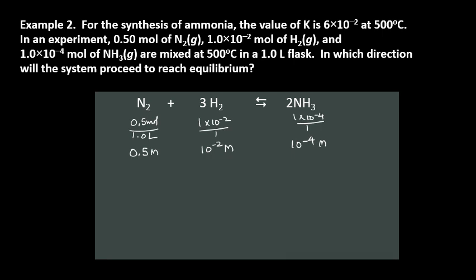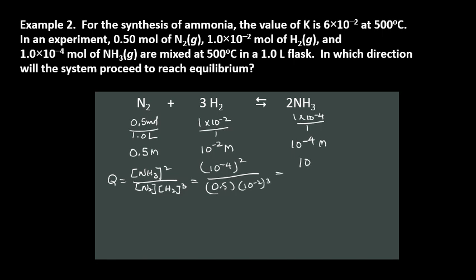After getting the concentrations, I can calculate Q exactly the same way we calculated the K value: the products divided by the reactants. For the products, we have the concentration of ammonia, 10 to the power negative 4, to the power 2. For nitrogen, we have 0.5, and for hydrogen, 10 to the power negative 2, to the power 3.